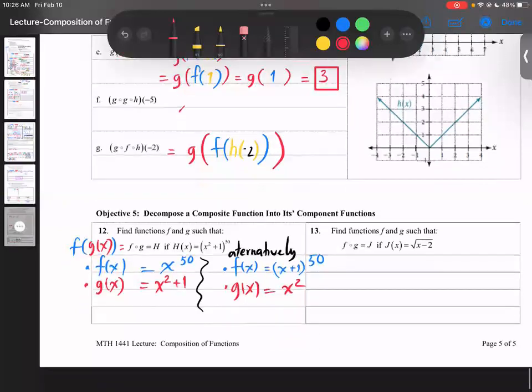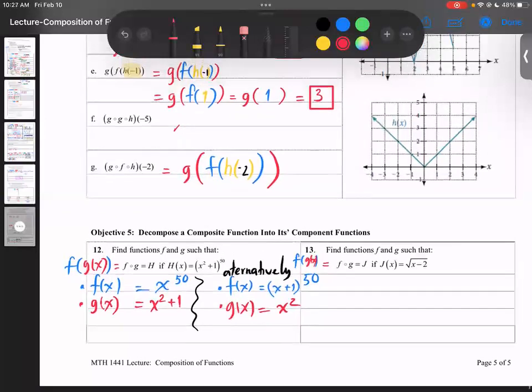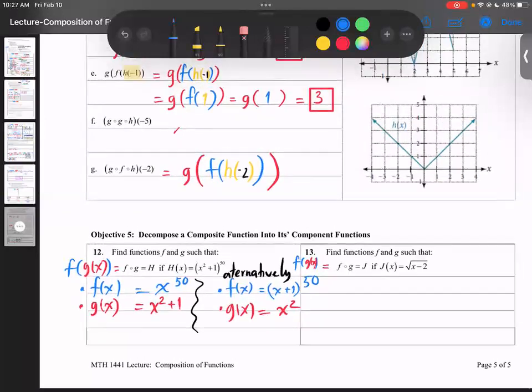Practice one more, and then we'll go. So again, I want f of g of x. What should f be?